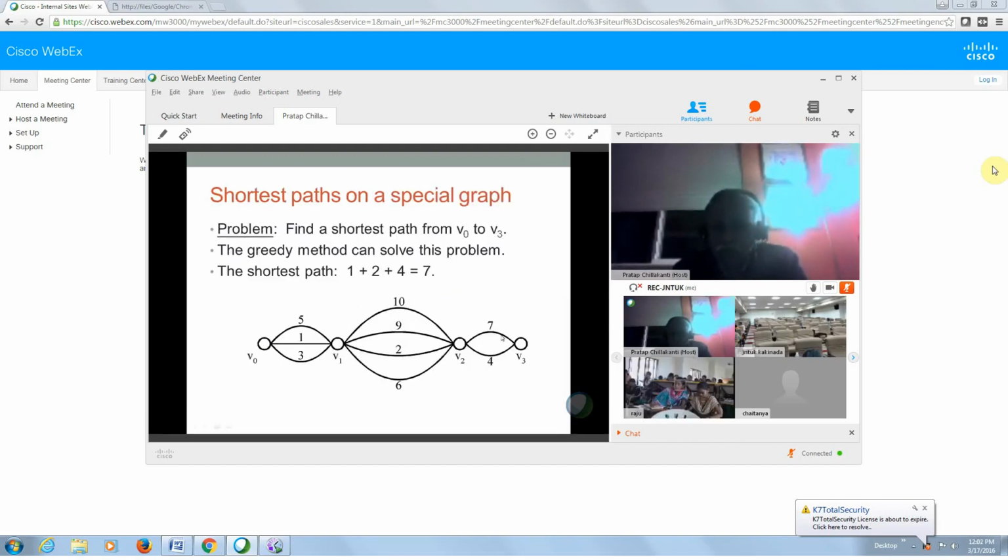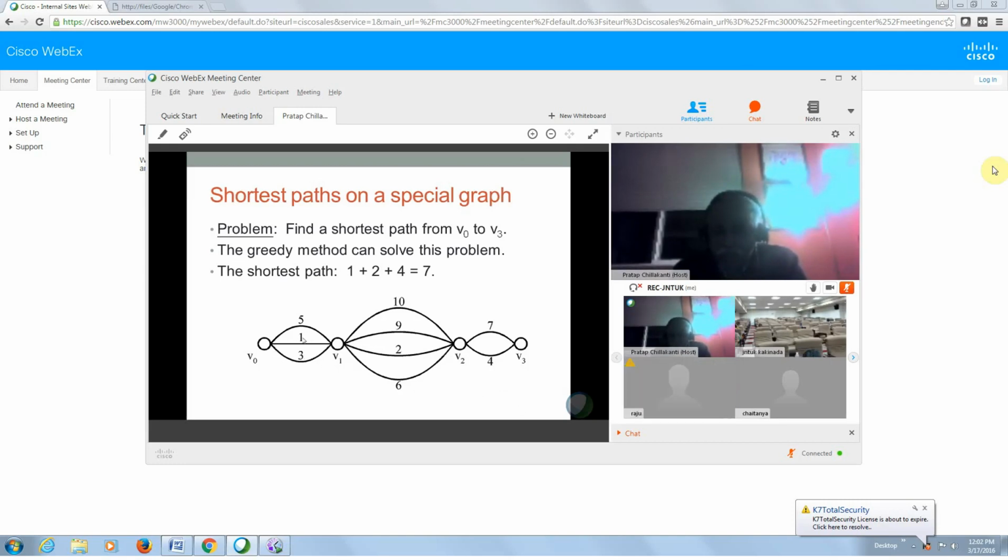Now take the example of finding the shortest path. You are going from V0 to V3 here. You have different decisions to make. Remember, it's all about decisions. When you're starting from V0, the only data that you have is how you can get from V0 to V1.